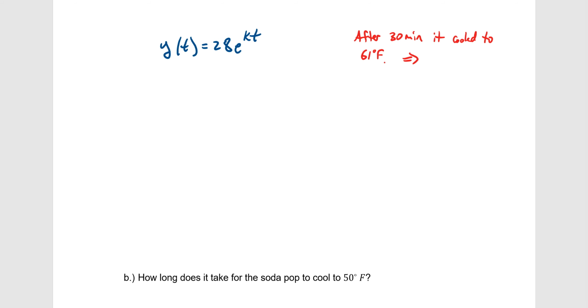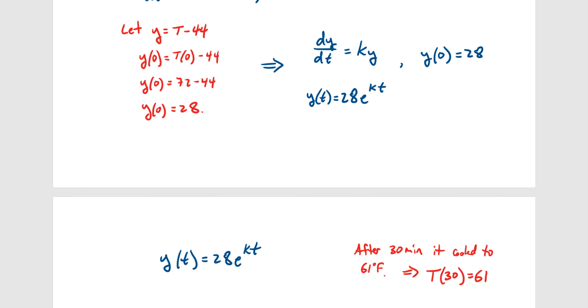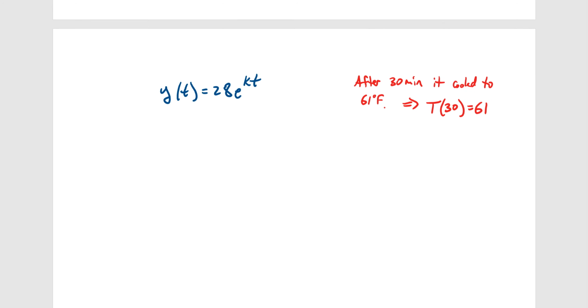We can do that because that means that T of 30 equals 61. The one tricky thing is, we no longer have the function with a capital T. It's not in terms of the temperature, it's in terms of y. So what we're going to have to do here is go back up to this portion right here, y equals T minus 44, and use that.